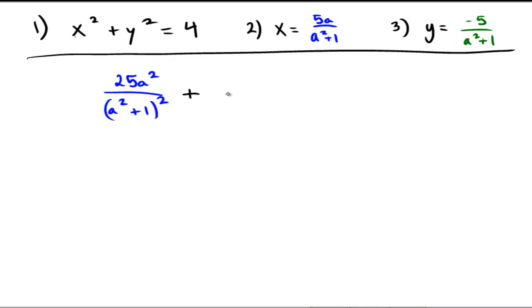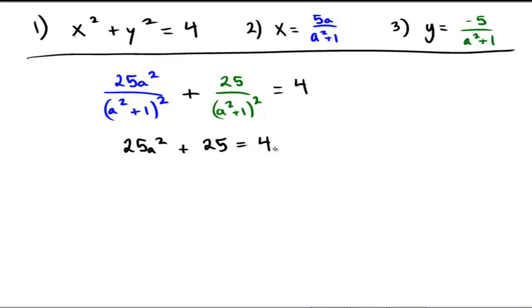Negative 5 squared, of course, is 25 over a squared plus 1 quantity squared, and that's going to be equal to the number 4. Okay, multiply both sides by a squared plus 1 quantity squared, so we would get 25a squared plus 25 equals 4 times a squared plus 1 squared.